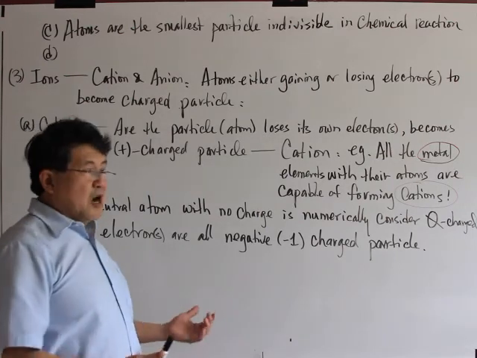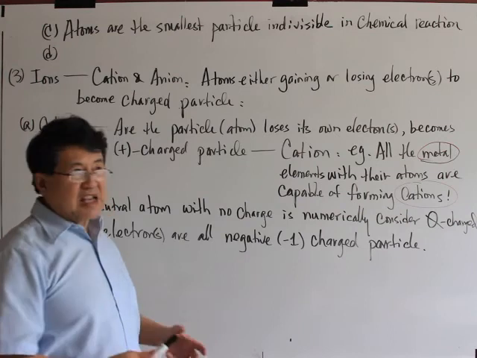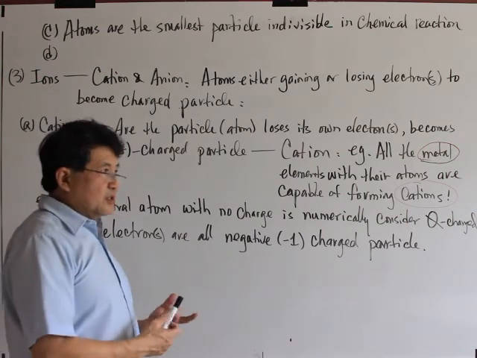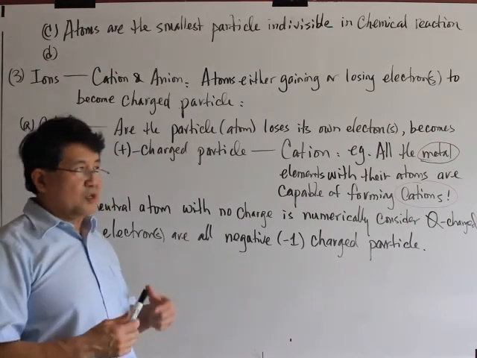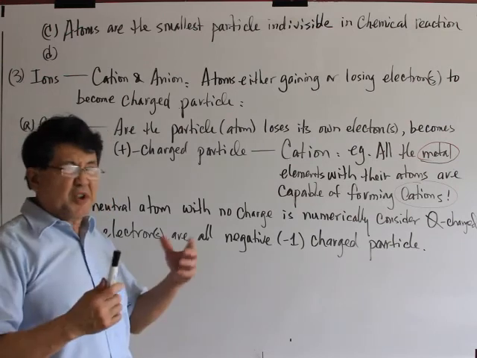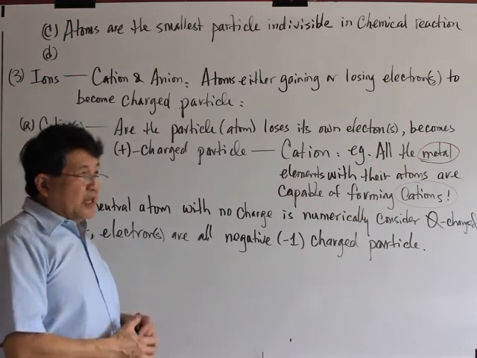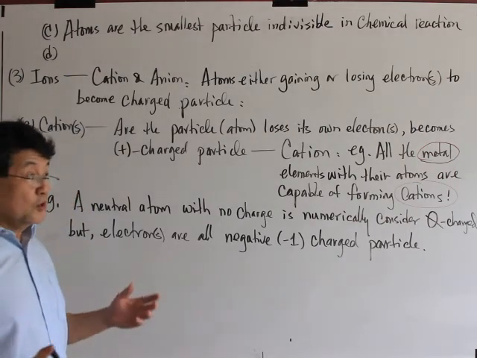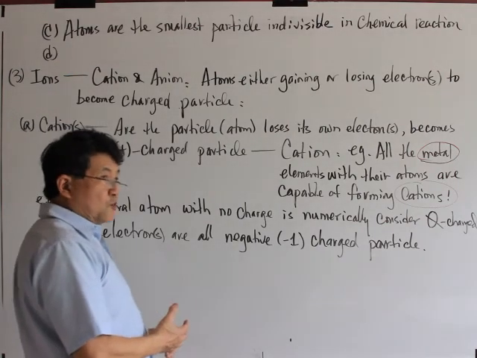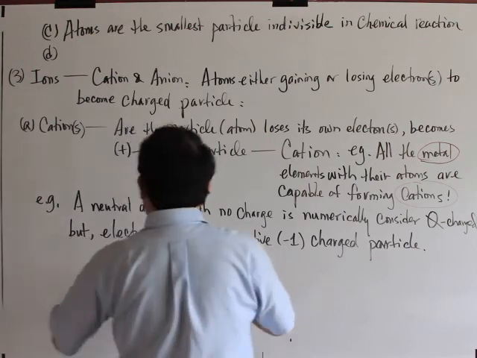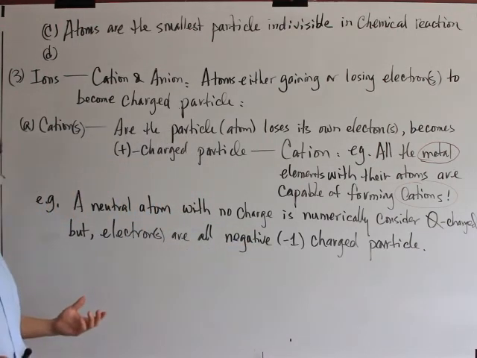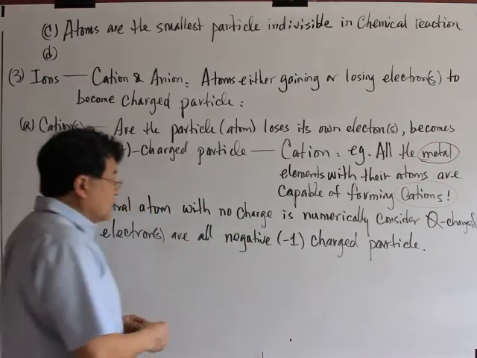They both have almost exactly one atomic mass unit as their mass, but the electron is 1840 times lighter than the proton or neutron, and it has a negative charge. Neutron, zero charge. So if the atom is neutral, it's zero charge, so it doesn't have a charge, right?